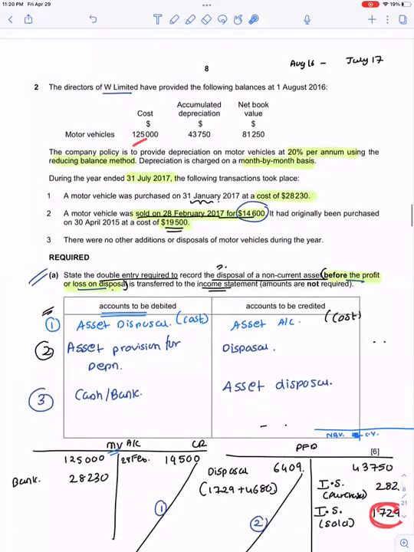So from this, I will remove the cost of the assets sold. So I will get my remaining assets which are going to be with me throughout. From this, I have removed the depreciation of the assets sold.